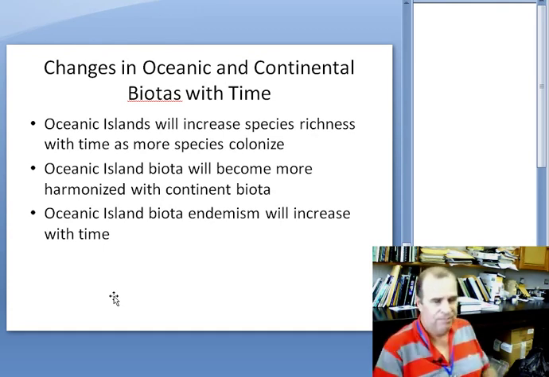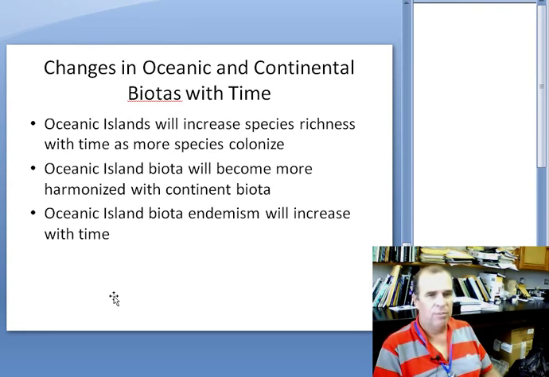But generally, what will tend to happen with time is that oceanic island species richness will increase as more species colonize, up to the point where the size of the island will dictate the number of species which can survive on that island.